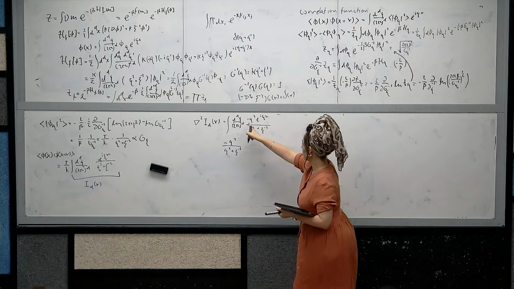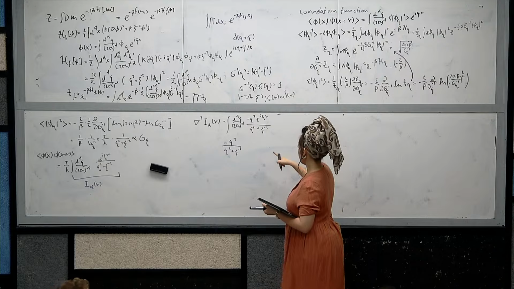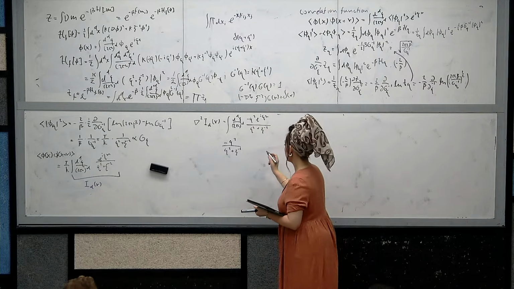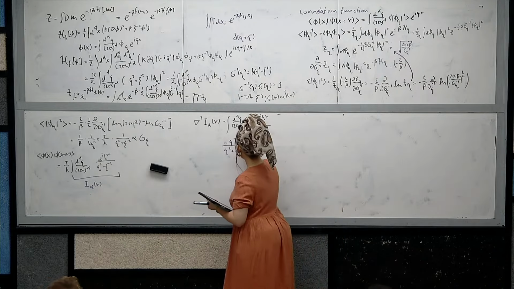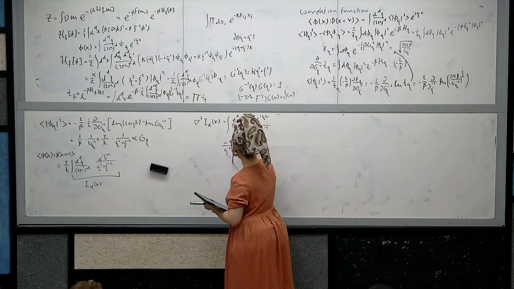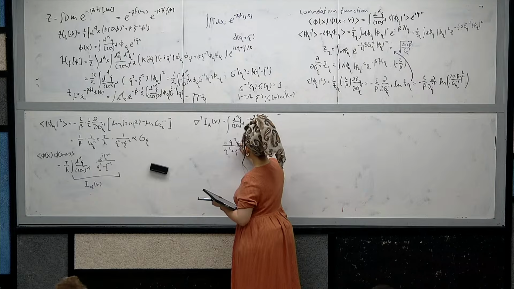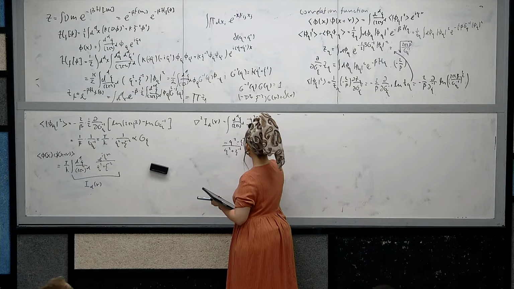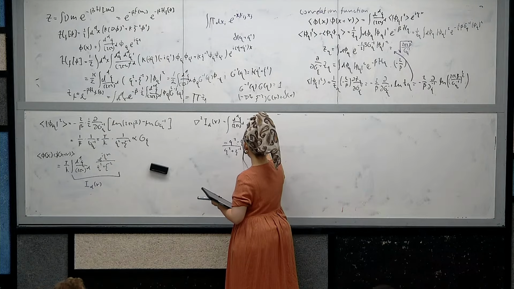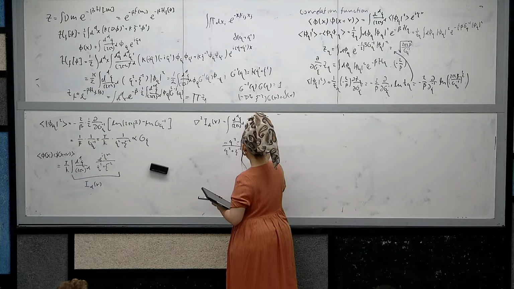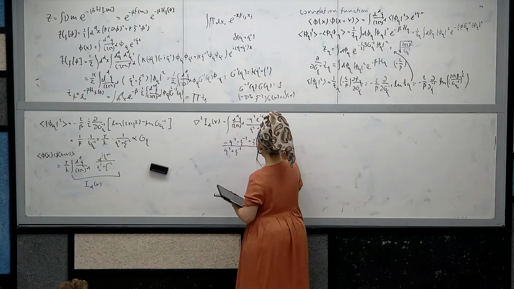I want to get rid of the q square, and so I just add psi. Maybe I'll first subtract psi to the power of -2 and then add it back. So it's -1.